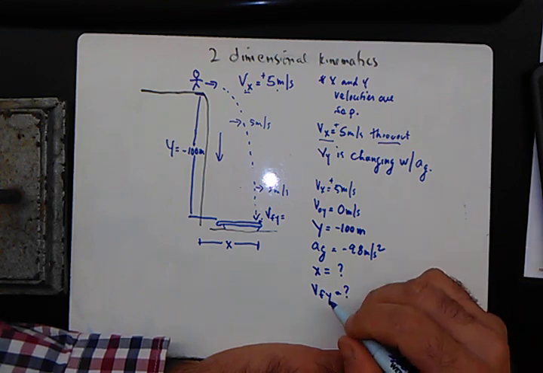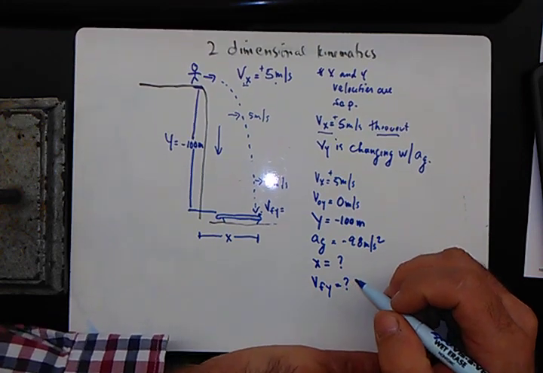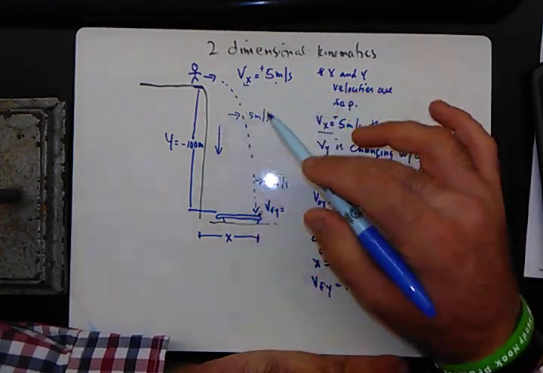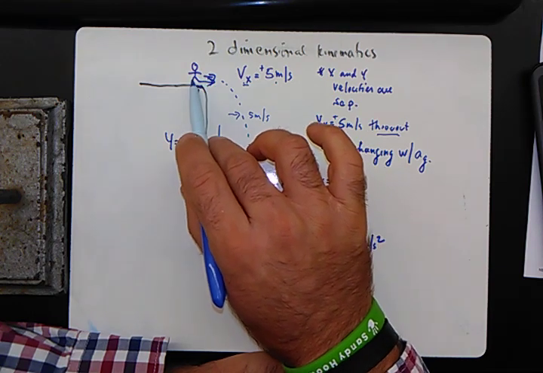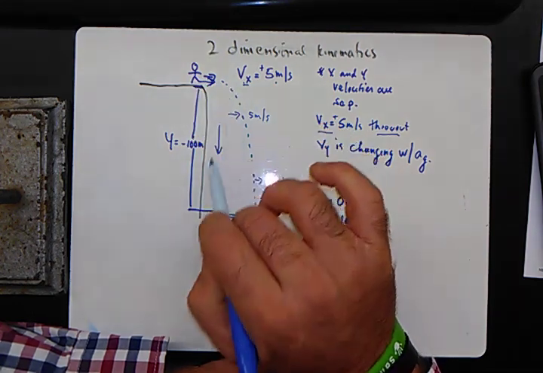Let's go from there. Since this is a regular free fall problem, because it's going horizontal, the object is just considered to be falling.